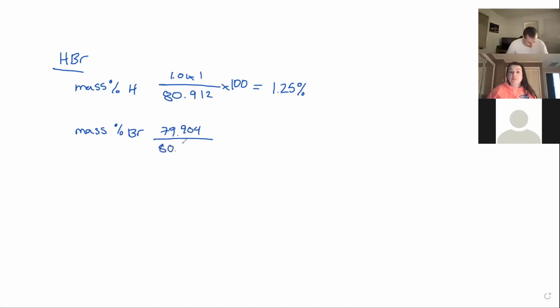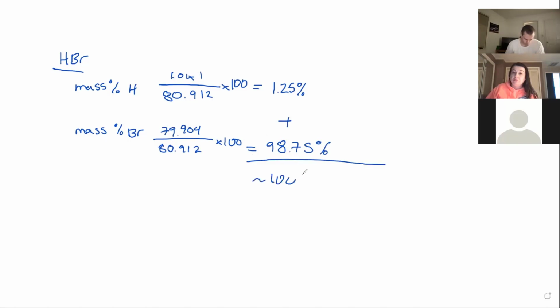We divide it by the 80.912, multiply it by 100. We're going to end up with a pretty large percentage, approximately 98.75%. If I added these up, it's going to be approximately 100%.